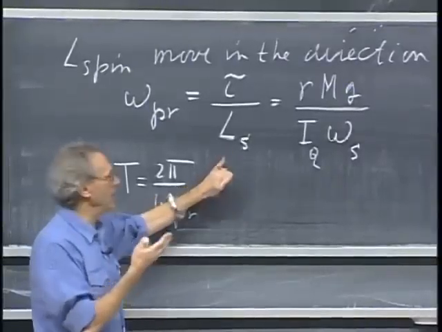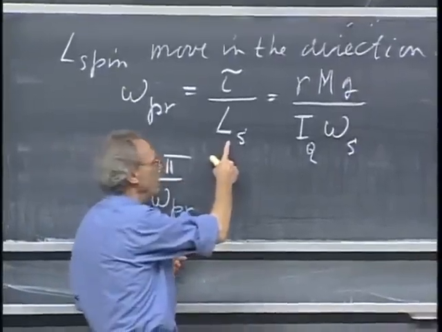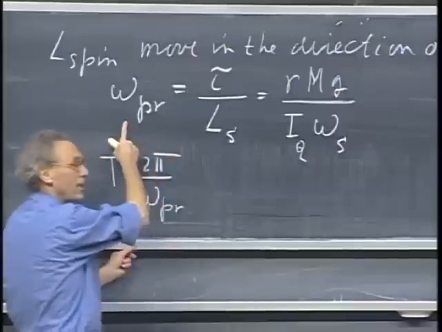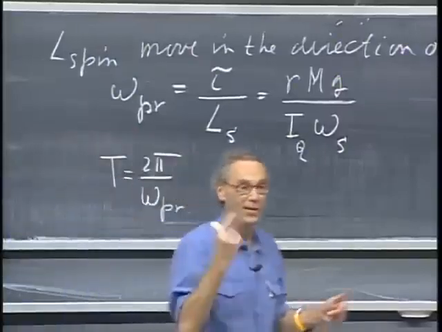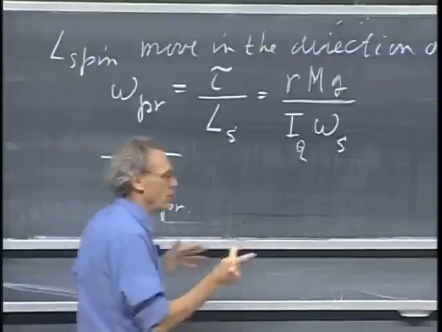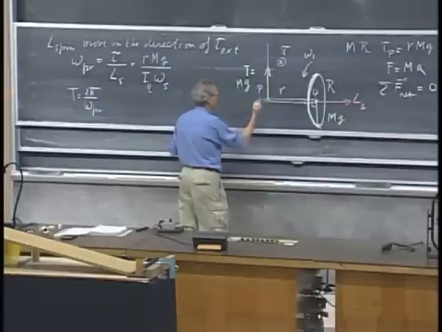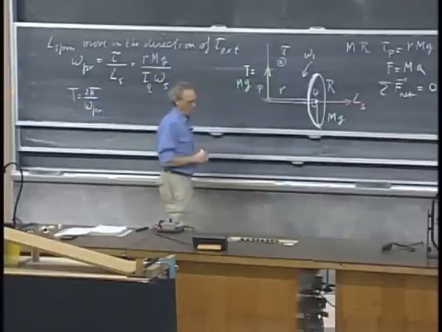And you can see that immediately, because suppose you made the spin angular momentum 0, that it is not spinning at all. Do you really think that the precession frequency will be infinitely high? Of course not. So this only holds in situations where the spin angular momentum is way, way larger than the angular momentum that you get due to the precession.